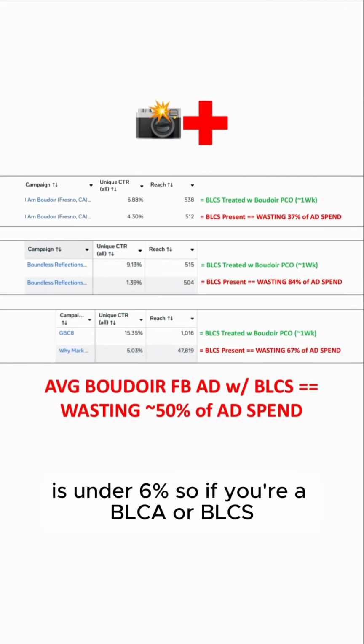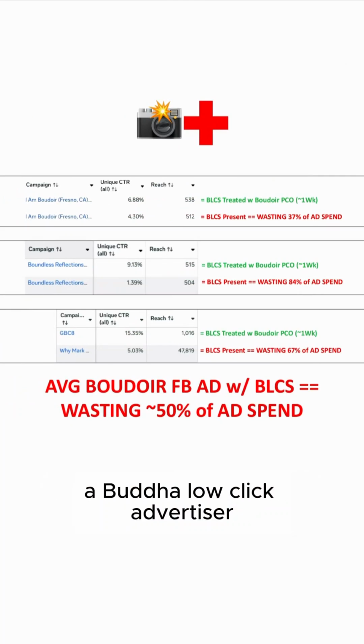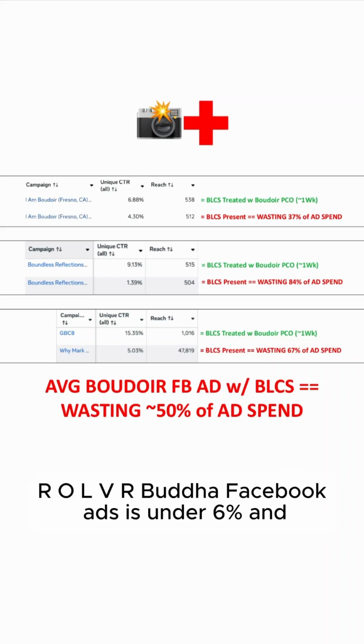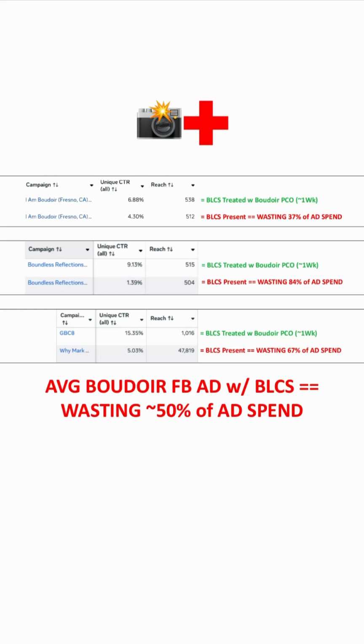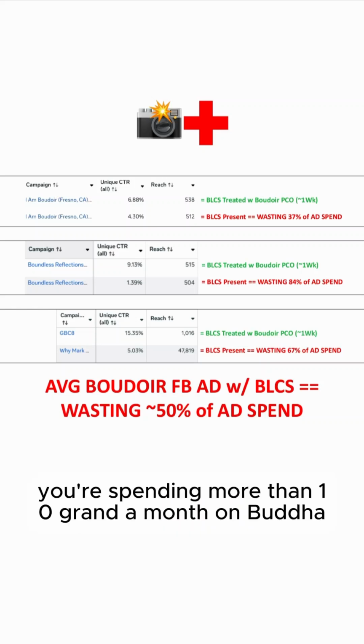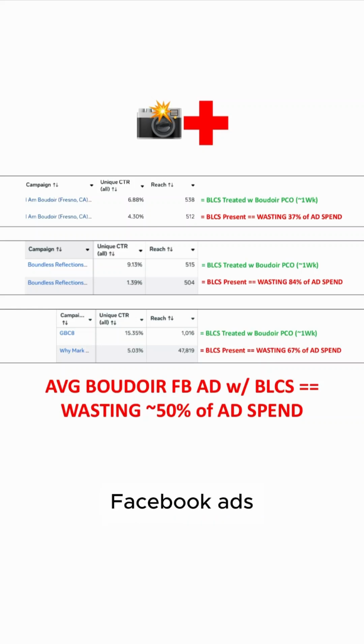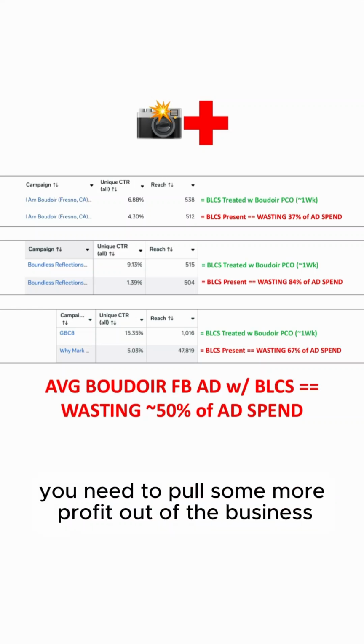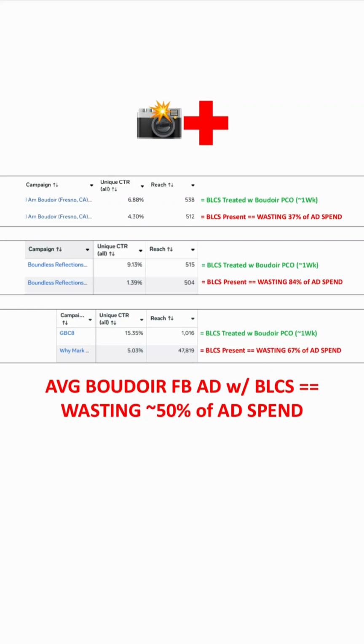So if you're a BLCA with BLCS, a boudoir low click advertiser with boudoir low click syndrome, the unique CTR of your boudoir Facebook ads is under 6%, and you're spending more than 10 grand a month on boudoir Facebook ads, and you decide you need to pull some more profit out of the business. You've optimized other parts.